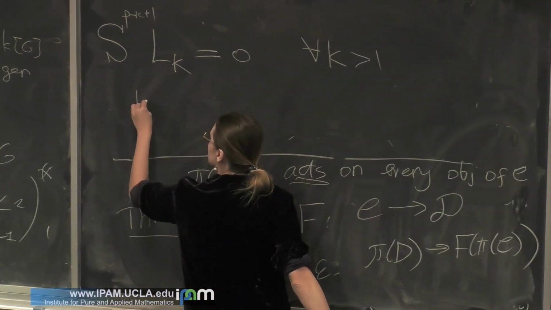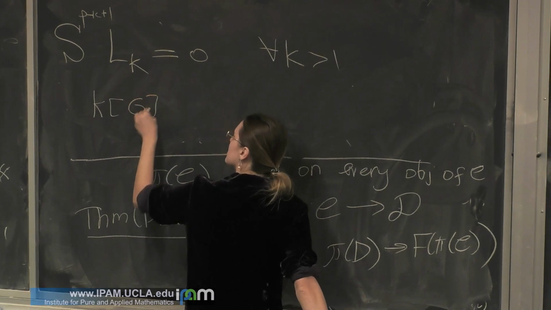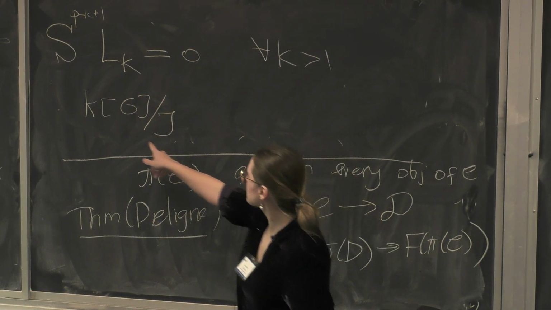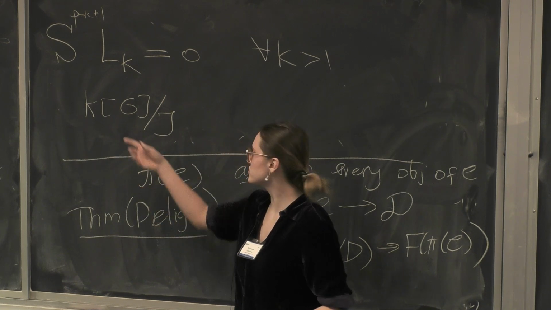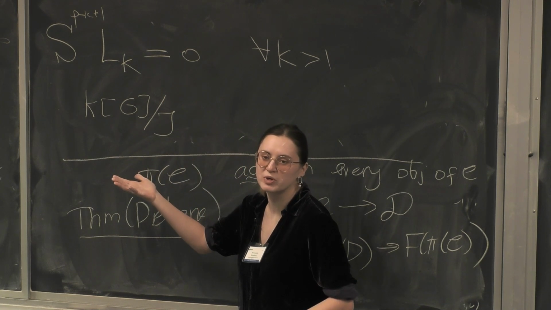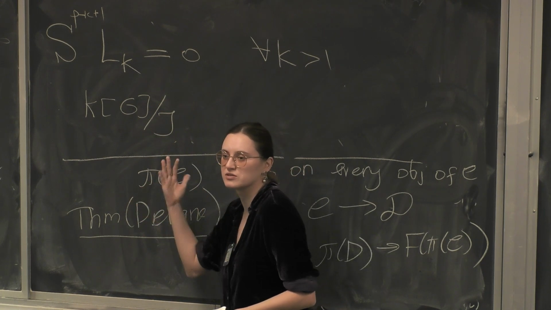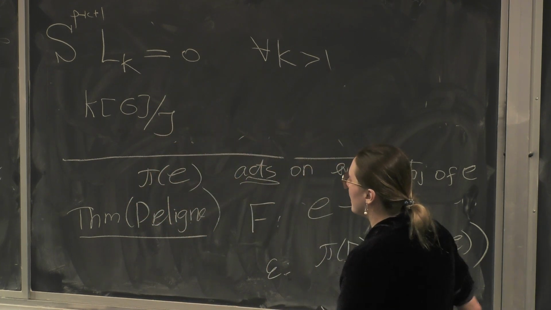So if I look at K of G modulo J, then on one hand, this is a purely even algebra, so it just consists of some copies of the monoidal unit. So it's like some vector space tensor the monoidal unit. So it's a regular algebra on one hand.